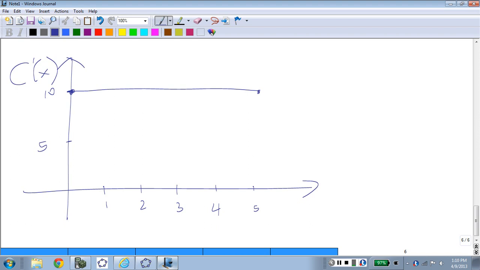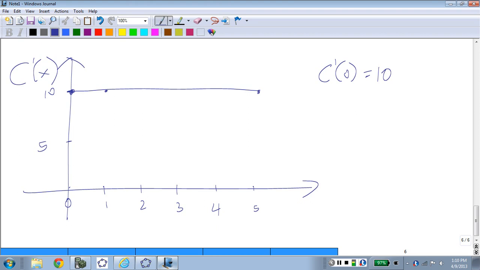So at this point, when we're producing 0 units and C prime of 0 equals $10, what does that mean? That's the rate at which the cost is increasing for 1 additional unit. So what that means is if we produce 1 additional unit, we can expect our cost to increase by $10.